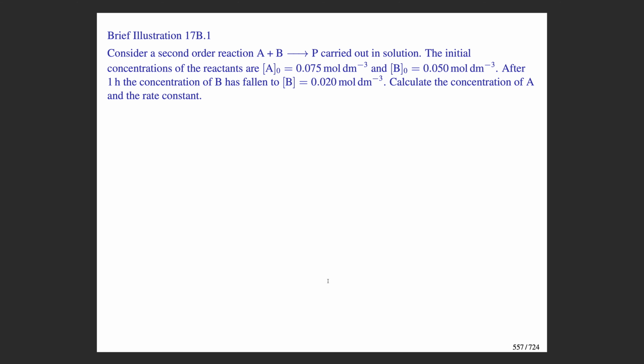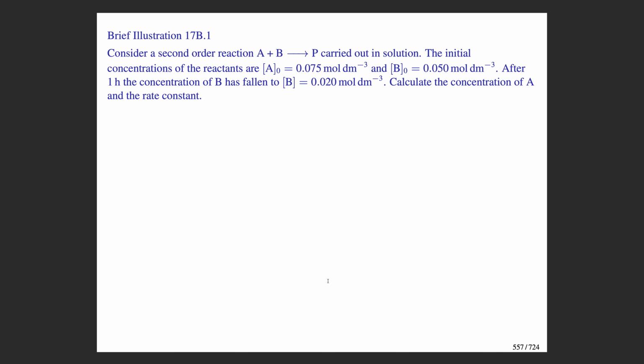In this problem, they've given us both A0 and B0. They've given us the time it takes, and then they've given us the concentration of species B at that time.